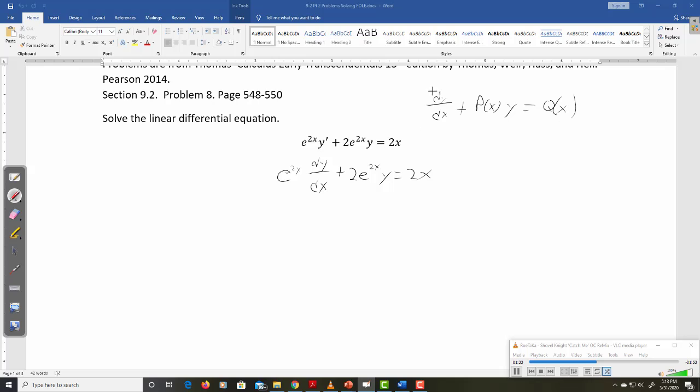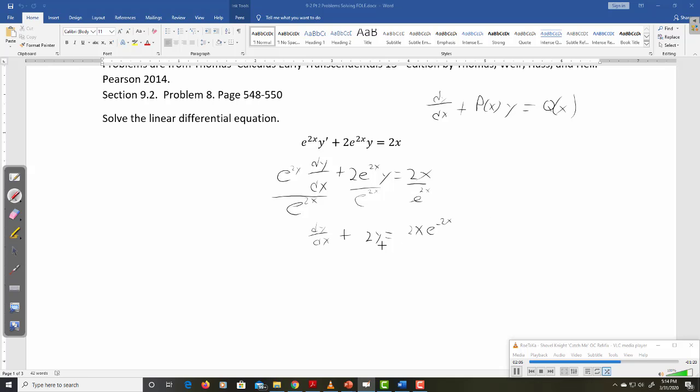So we've got to divide by what's on the dy dx, so we divide everything by e to the 2x. That's just going to get us 2y, there 2x e to the negative 2x, and then here dy dx.